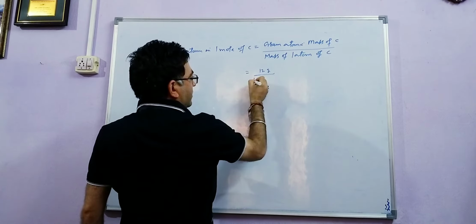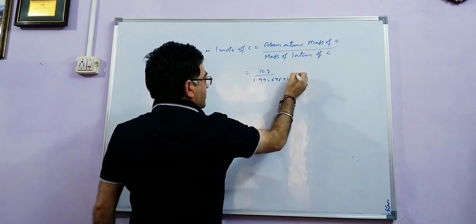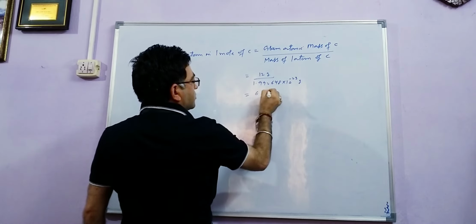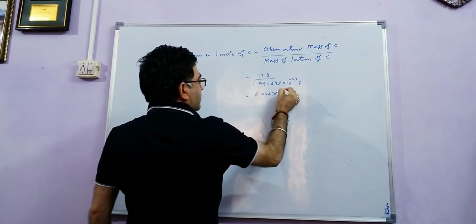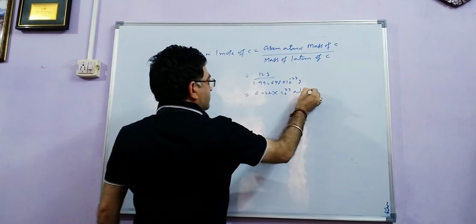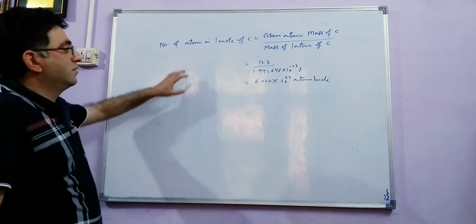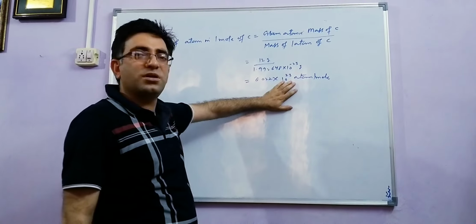The mass of 1 atom is 1.992648 into 10 raised power minus 23. While solving, we get the value equal to 6.022 into 10 raised power 23 atoms per mole. That's how one can calculate the value for 1 mole as 6.022 into 10 raised power 23 atoms per mole.